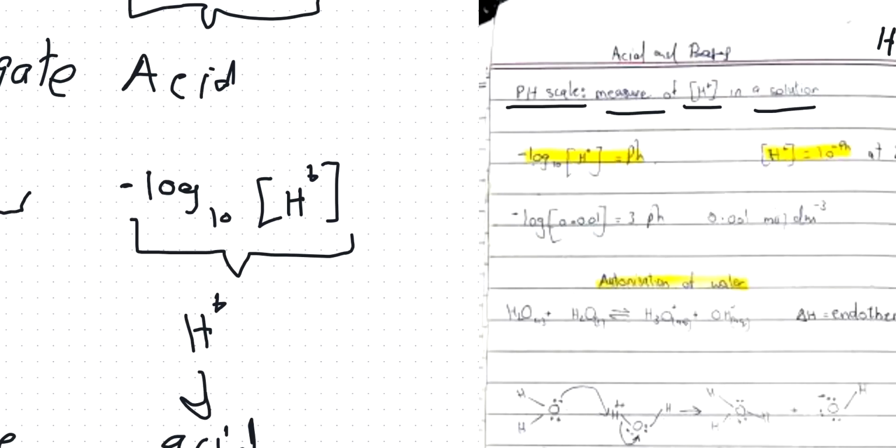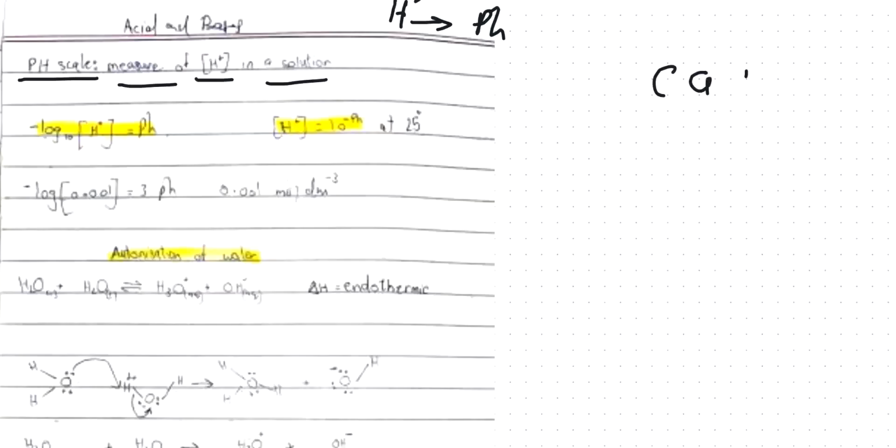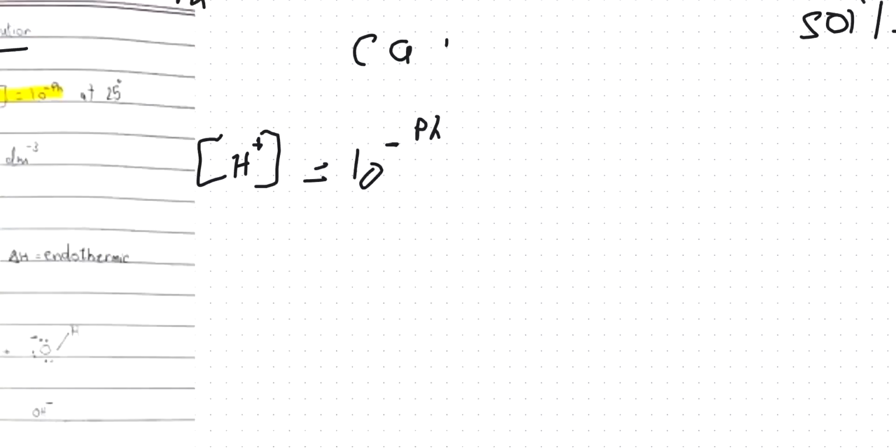And similarly, how to find the H plus ion concentration. The formula for H plus concentration is 10 raised to the power negative of your pH value. Similarly, I memorized what 10 raised to the power negative 1, 2, 3 is, till 10.